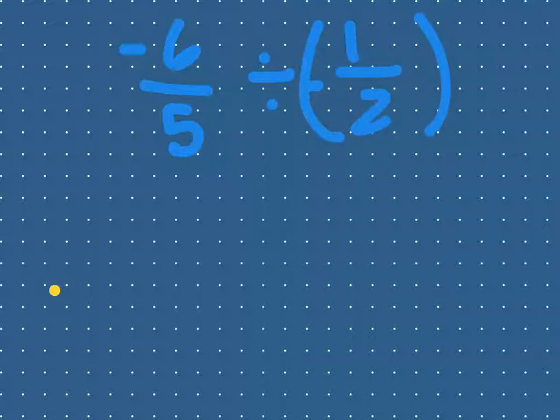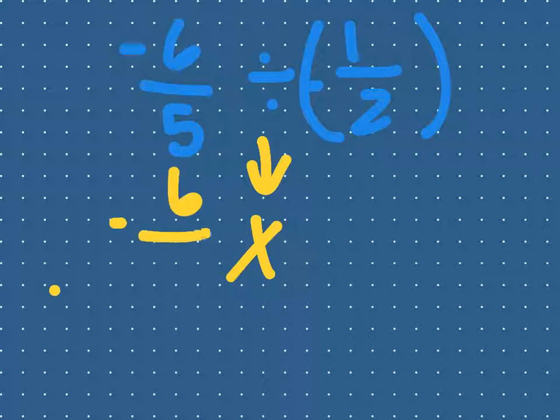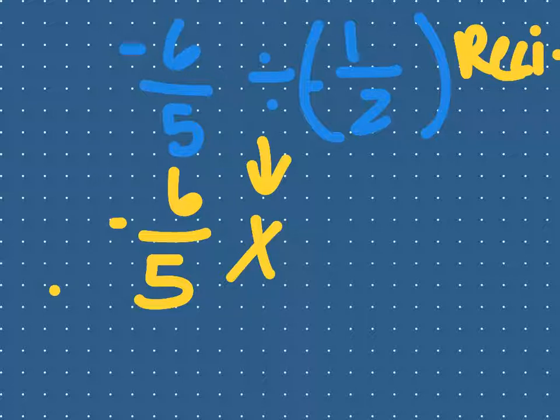Let's try negative 6 over 5 divided by negative 1 over 2. Pause the video, get your answer. Bring down negative 6 over 5, and we do the reciprocal of this number, so it's 2 over 1.